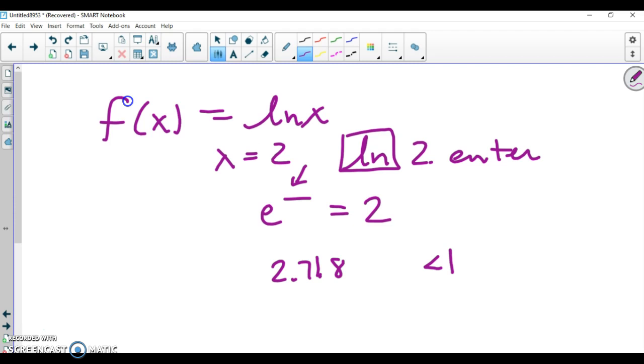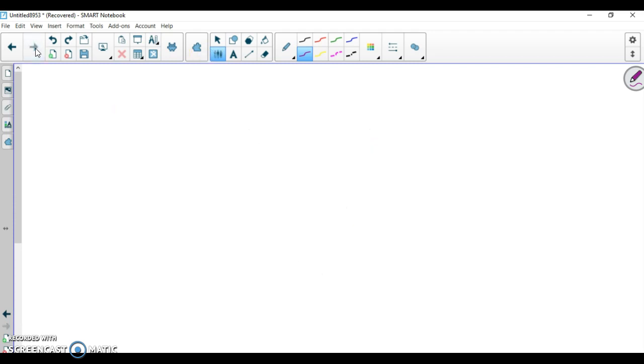If we look at the properties of natural logs at the bottom of page 196, we notice the same exact properties. ln 1 equals 0. This is saying log base e, e to the 0 is 1. You'll notice all the rest are exactly like the base 10 logs.